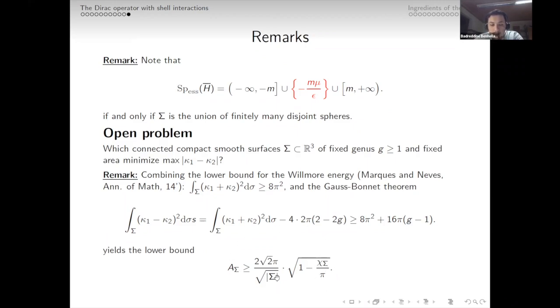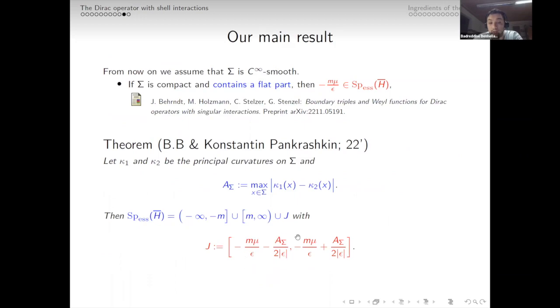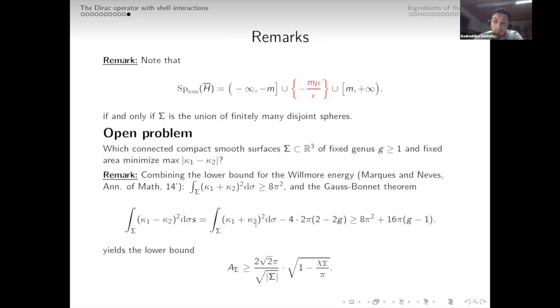But this bound is never achieved, and it is far from being sharp. So actually we don't know if there is a minimizer for this problem. As I said, minimizing this would minimize the essential spectrum for genus bigger or equal to 1.